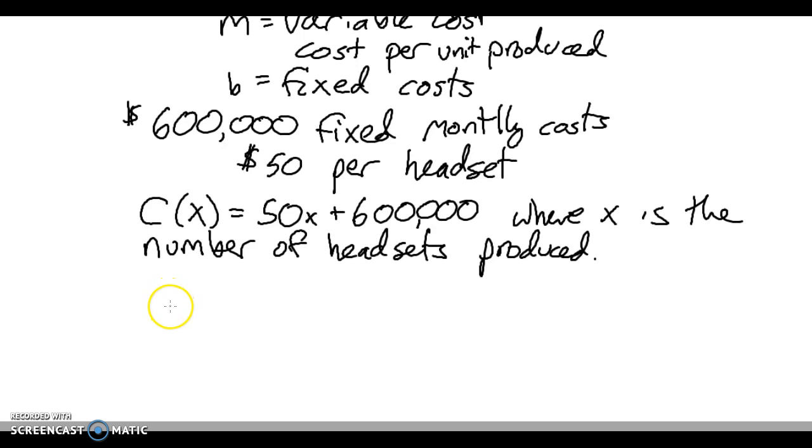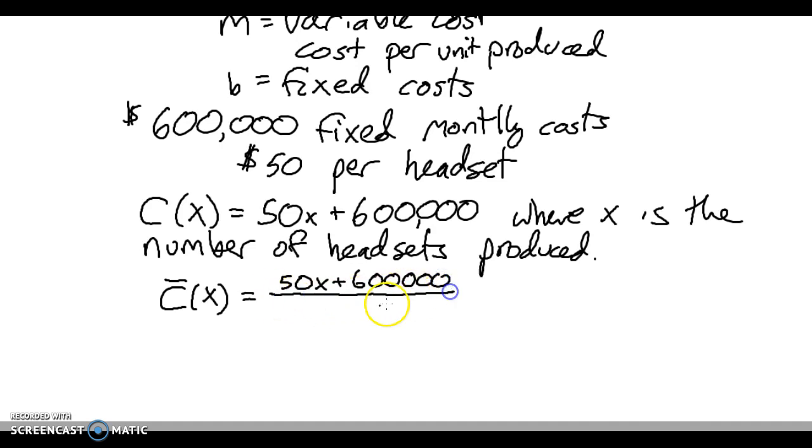So we get our average cost function, which we abbreviate with a C with the line over it. And we start with that 50x plus 600,000. But we're going to divide that by the number of headsets produced.